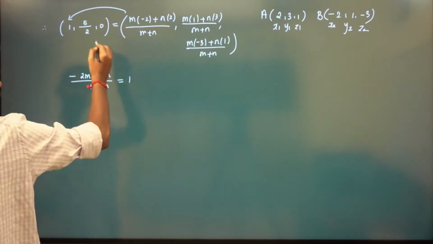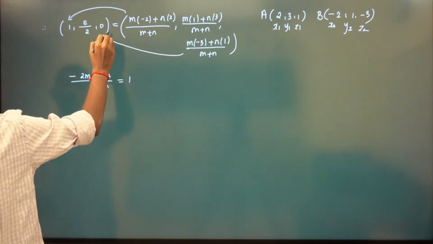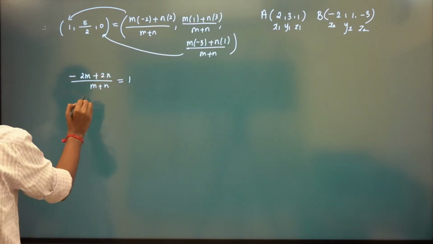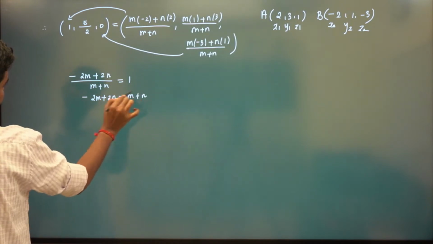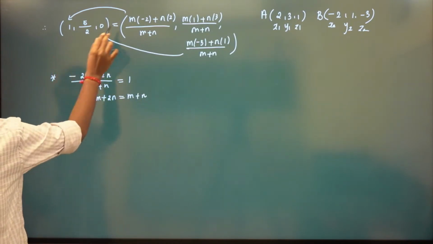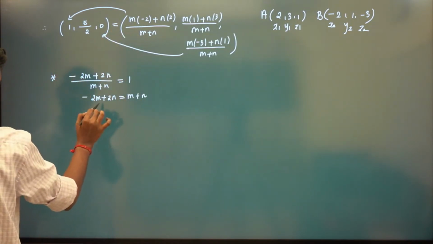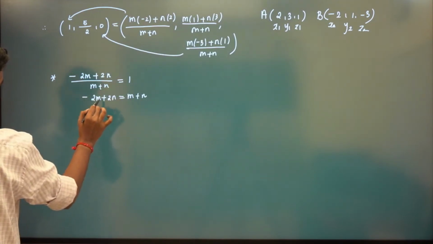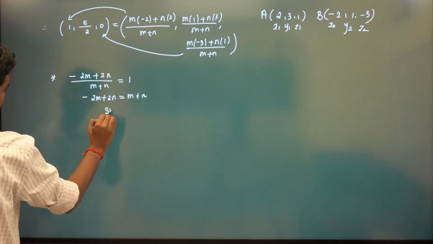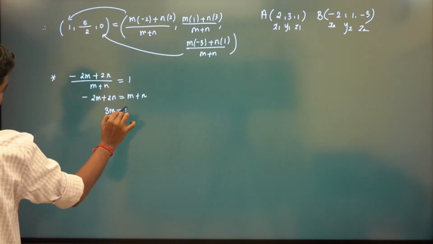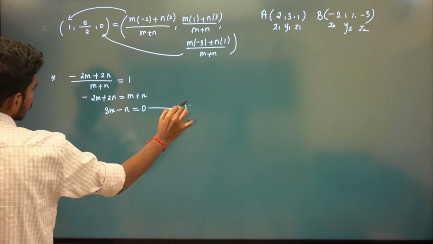And let us equate the third coordinate, right? Because it is 0 here, so it will be easy for you to understand. So we will have minus 2m plus 2n is equal to m plus n. This is equating the first term. If I take these two terms to that side, we will have 3m minus n is equal to 0. Call this 1.